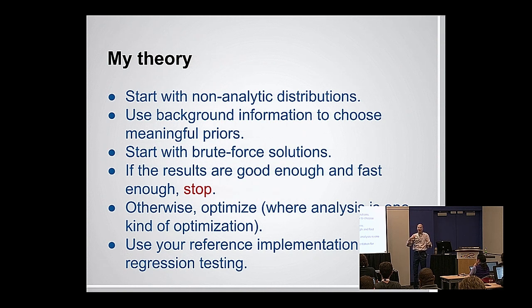Everything that you've seen today, all of these for loops, you are basically looping through all the possible outcomes. As the number of dimensions gets big, this becomes infeasible fairly quickly. But there are a couple of places where you can jump off and try something else. If it runs fast enough, you're done. If it doesn't, you need to do some optimization. Two options for that optimization.